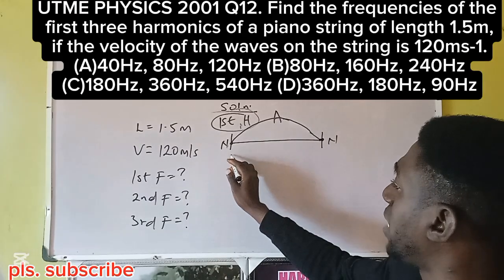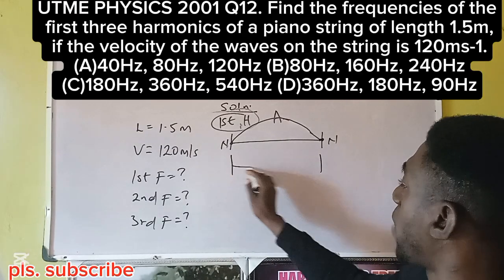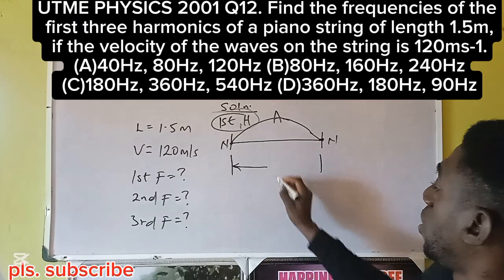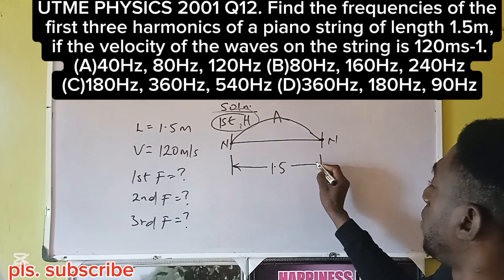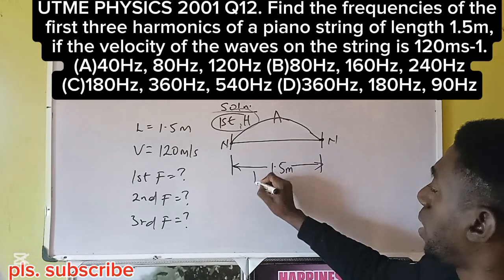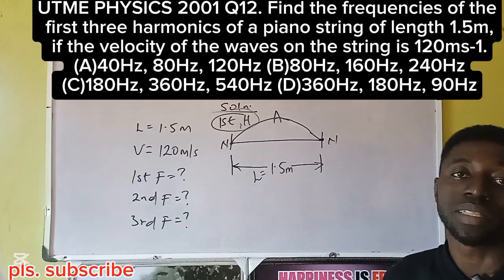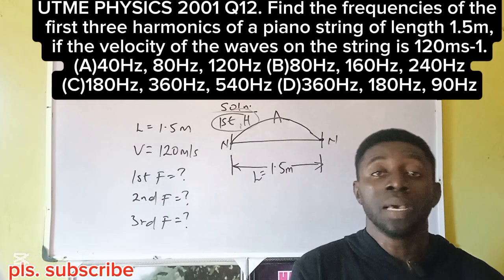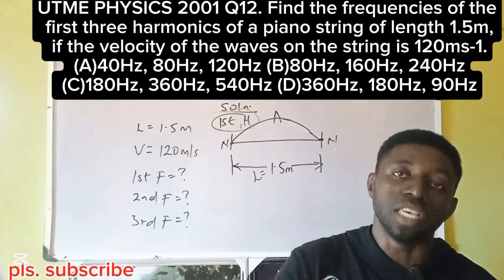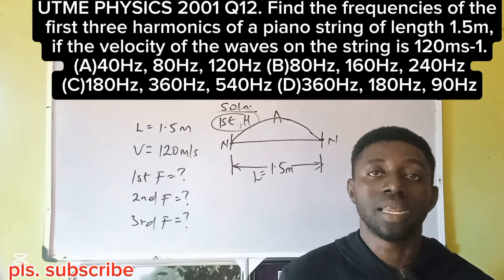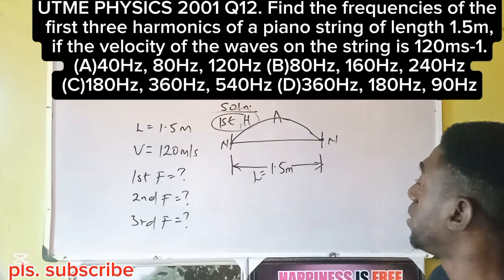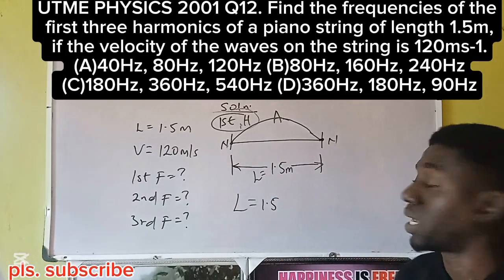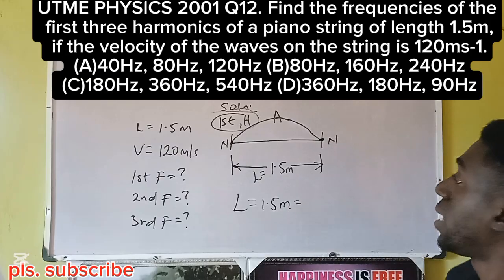Therefore, considering the length I was given from my parameters, the length of the piano string is 1.5 meters. L is equal to 1.5 meters. In solving harmonics, we make a comparison between the length of the medium or the musical instrument and the wavelength. Then the length here is 1.5 meters.